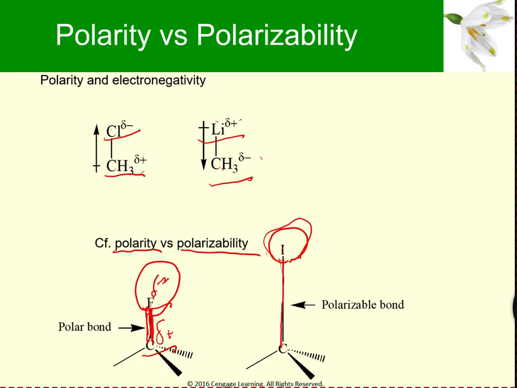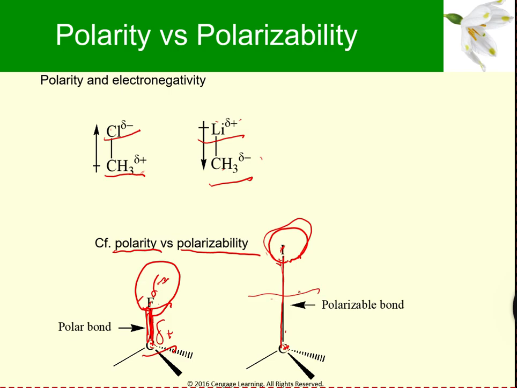If some surrounding happens, if there is a driving force for breaking this bond, it is easier to break because this bond is very long compared to the short bond. The CI bond is longer than the CF bond here. Because the bond is longer, it will be easy to break.